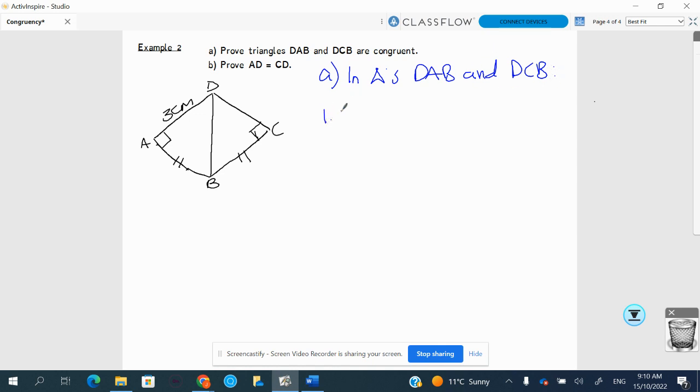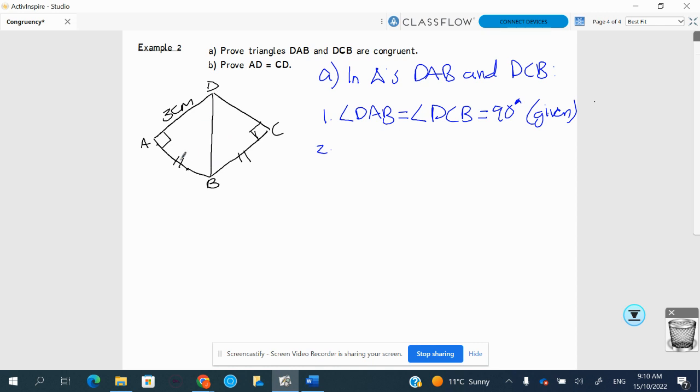So number 1 is going to be that angle DAB is equal to DCB, and that is given because we can see that they are both right angles. So angle DAB is equal to angle DCB, which equals 90 degrees, and that is given.